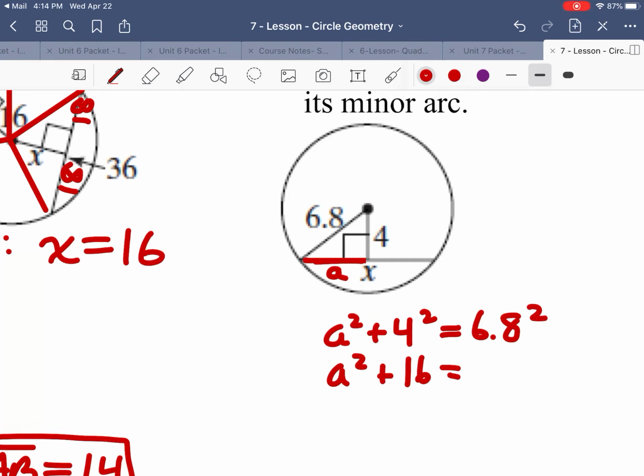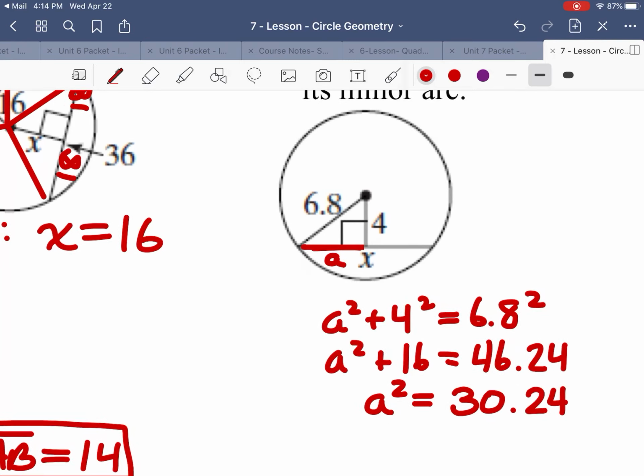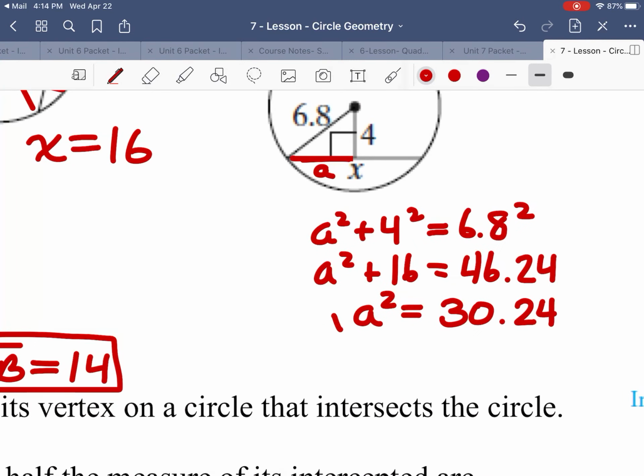A squared plus 16 is going to be equal to, get my handy dandy calculator out, 6.8 squared, 46.24. Now we're looking at decimal values here, so just ballpark it best we can, 30.24. And so we're taking the square root of both sides.